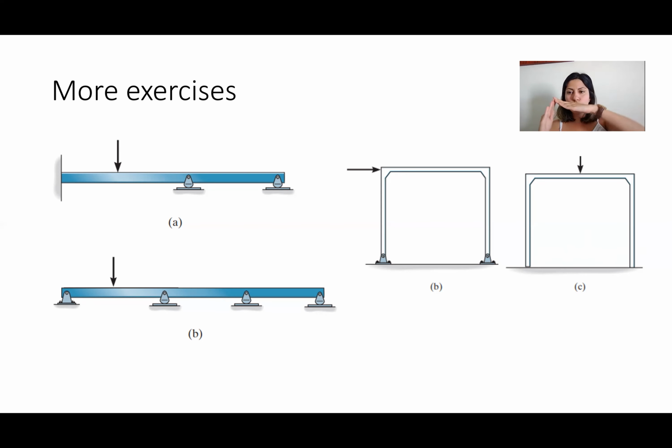So if the joint turns, both sides of that joint rotate together. That would be like this, okay? Now, by knowing this information, I would like you to stop the video and try to draw the deformed shape of these beams and the frames.